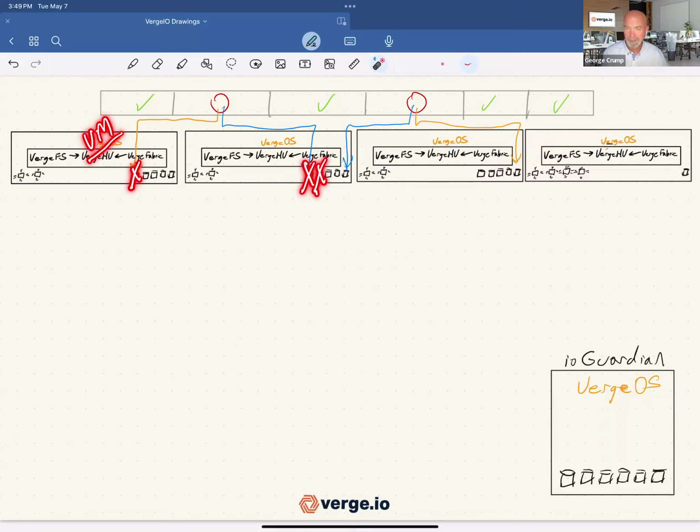If you have a backup solution that can do instant recovery, you might at least be able to recover it on the backup appliance, although that's not ideal because now you've got to move the VM over there and then figure out how to move it back. With us, the VergeFS vSAN software knows the exact location of every segment of data in the environment, both in production and on the ioGuardian server.